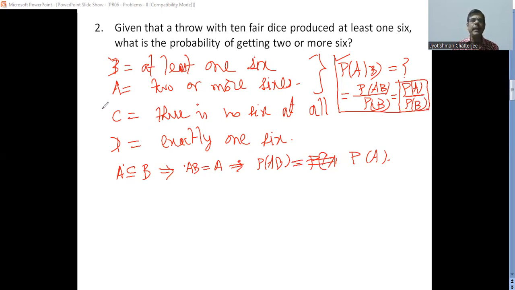For the ease of computation, we are bringing these two other events. We will see how it will ease our calculation. Let us call P0 probability of C and P1 exactly one 6 is equal to probability of event D.